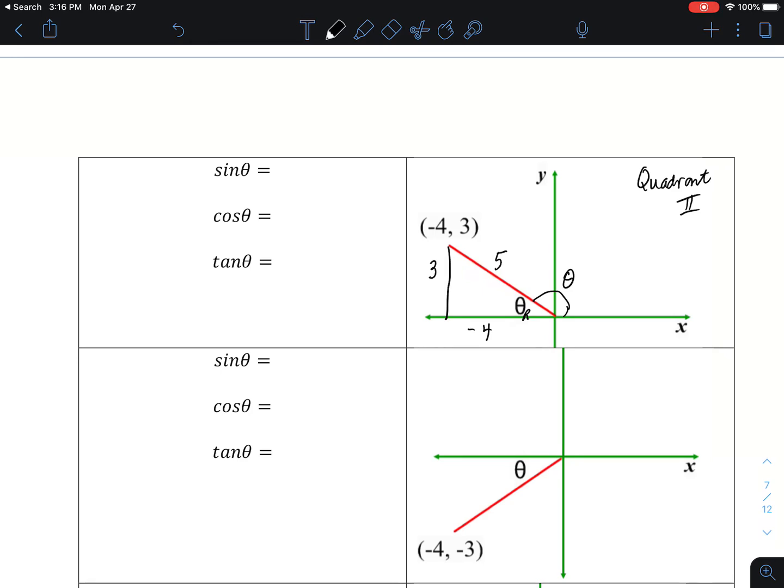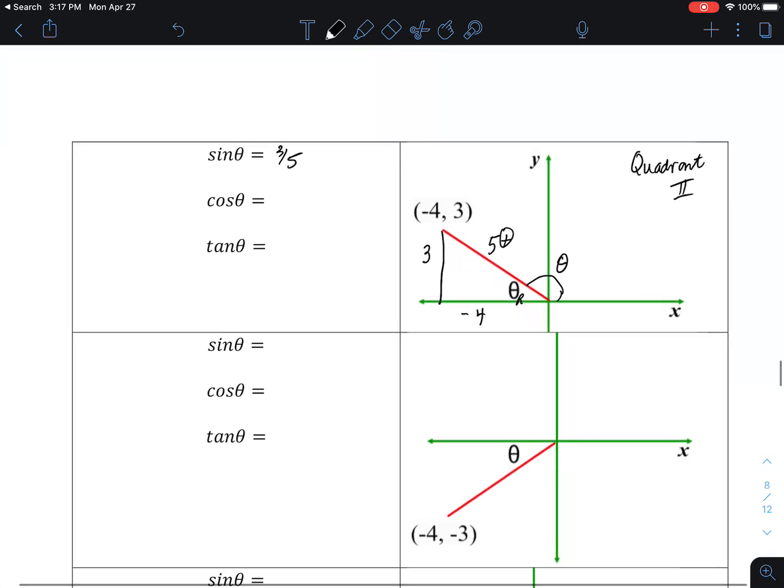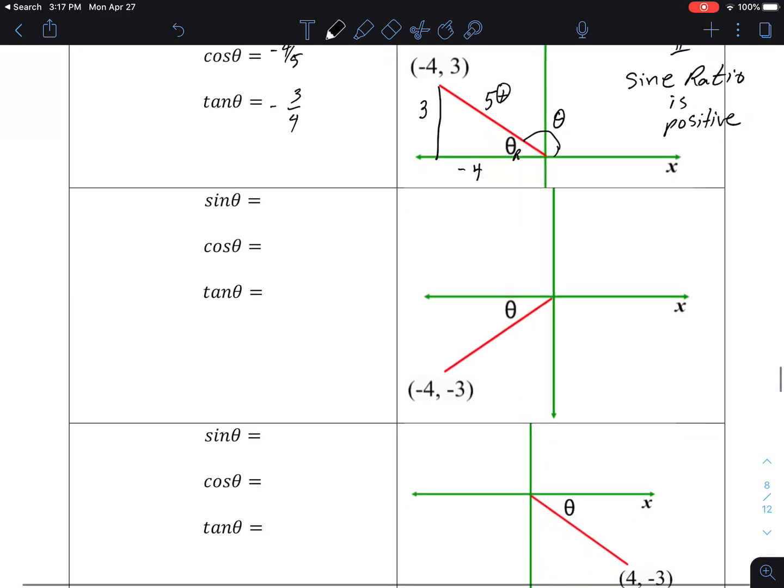So this is my reference triangle, and this is angle theta here. Sine theta is 3/5. Remember that this 5, the hypotenuse, is always positive. So 3/5, cosine is -4/5, and the tangent is -3/4. So in quadrant 2, the sine ratio is positive.